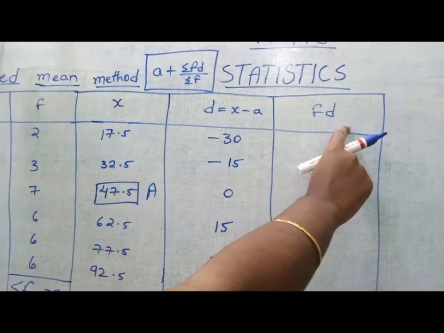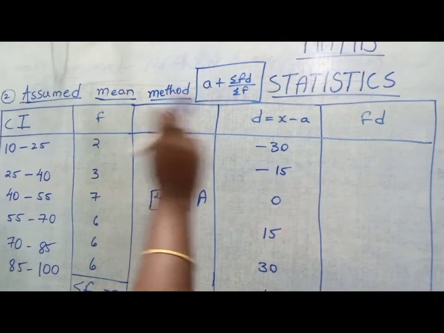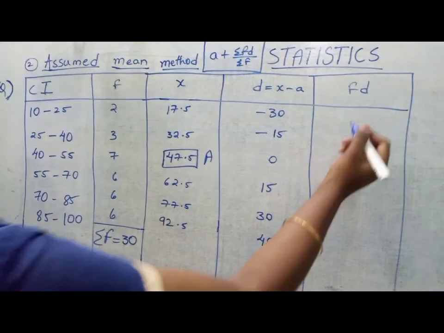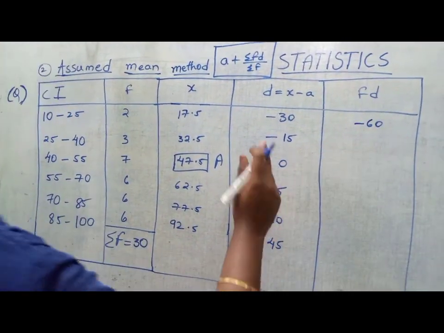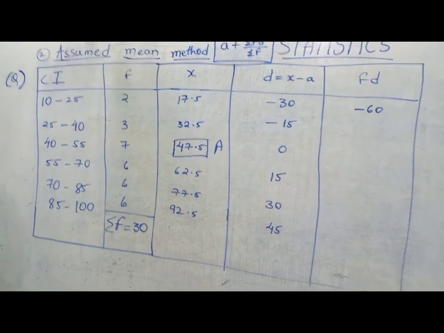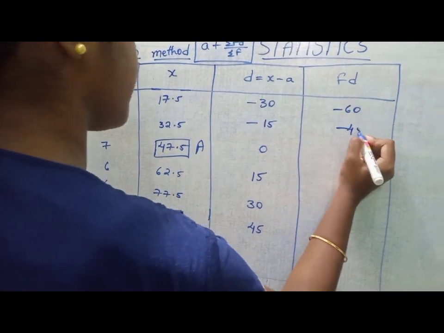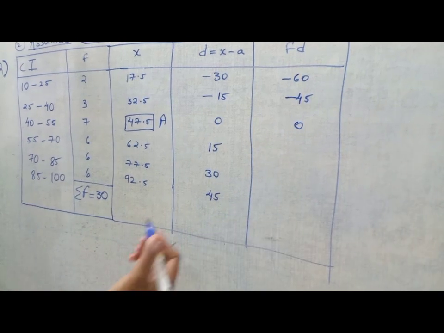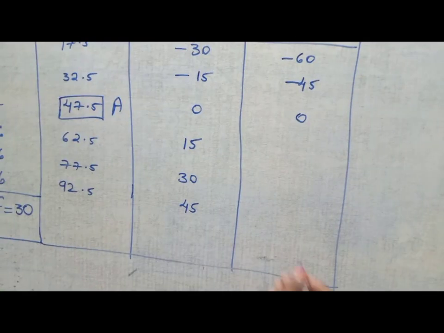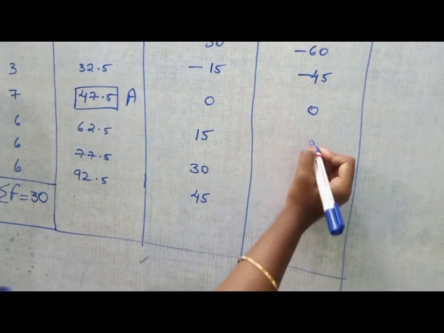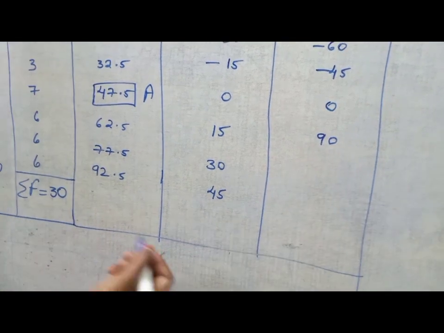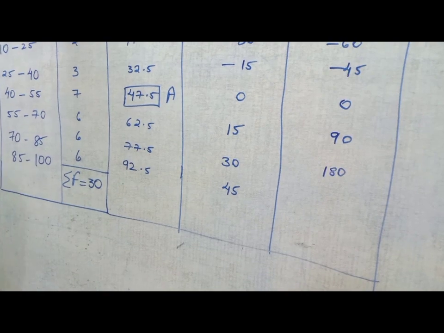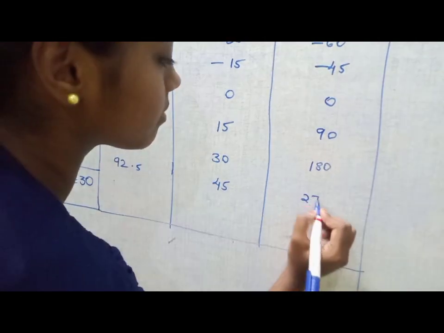Now to find fd, we should multiply the value of f with d. Now minus 30 into 2 is minus 60. Minus 15 into 3 is minus 45. 0 into 7 is 0. 15 into 6 is 90. 30 into 6 is 180. 6 into 45 is 270.